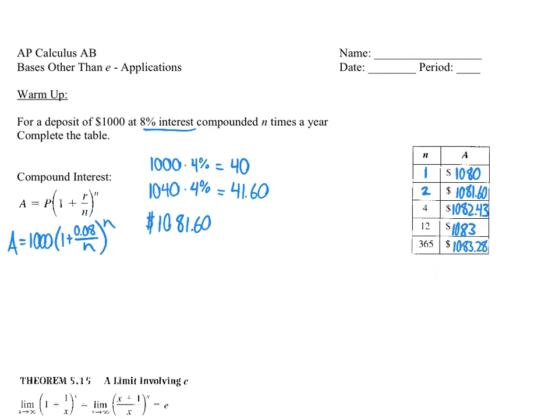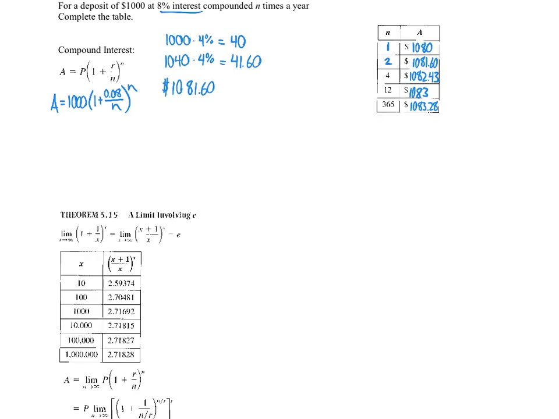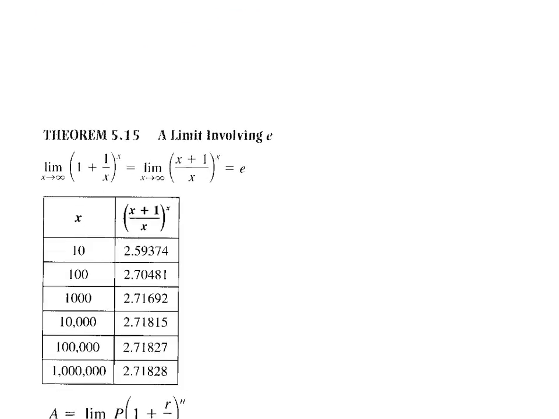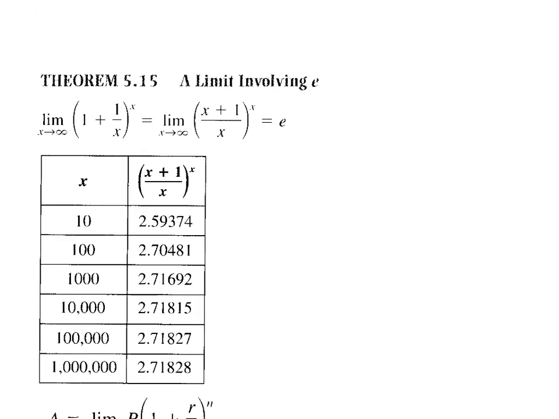Now, you guys were thinking this was good. The more we're compounding, we're making more. Well, let's think about this. If we have this same function, or a similar function, the 1 plus 1 over x to the x, that's like the 1 plus r over n to the n, right?